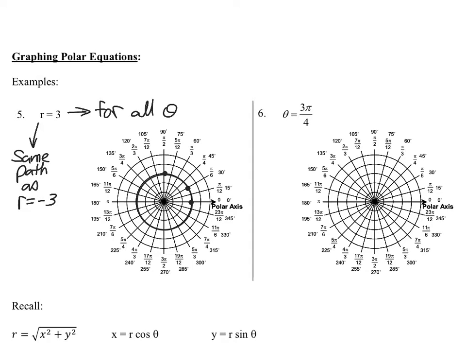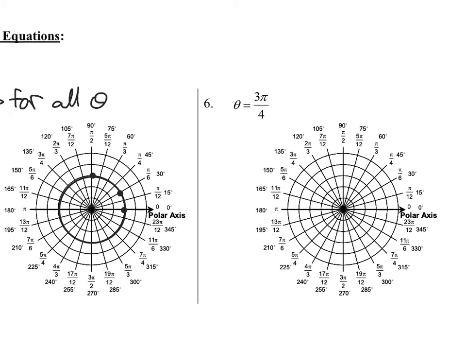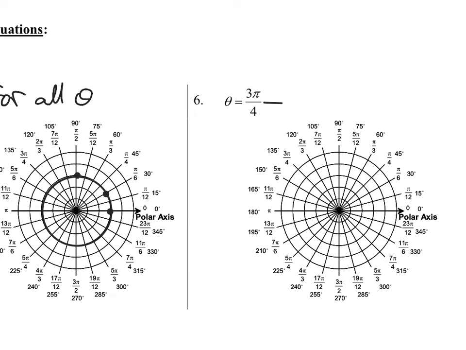Now this one is saying theta is equal to 3 pi over 4. Implied that that's for all values of R. So no matter what my R value is, my theta is always going to be 3 pi over 4.